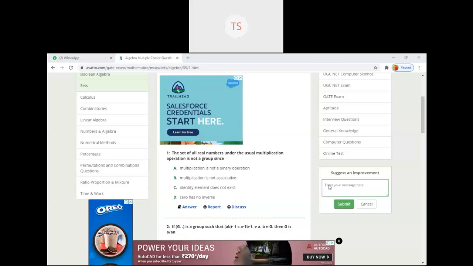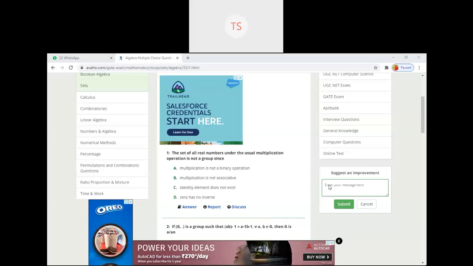Now go for the third property. What is the third property for a group? Existence of identity. Okay. So for multiplication, what is the identity element?